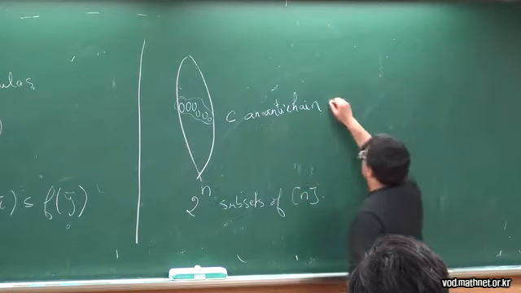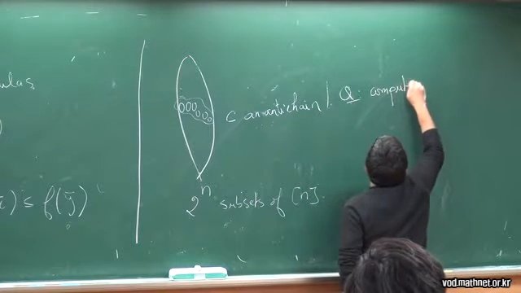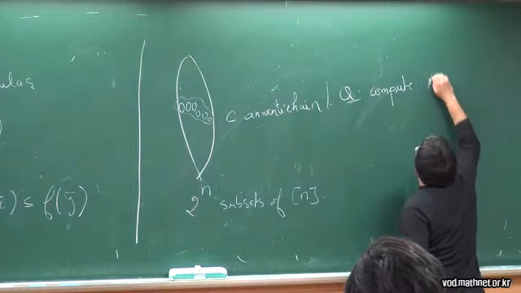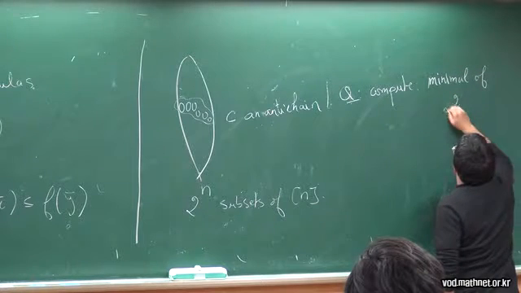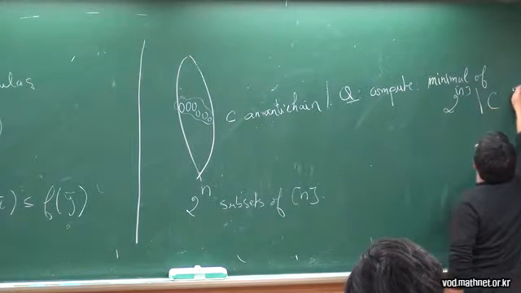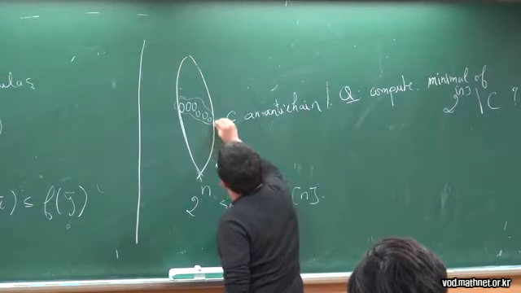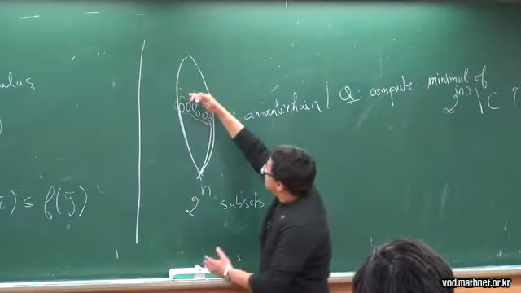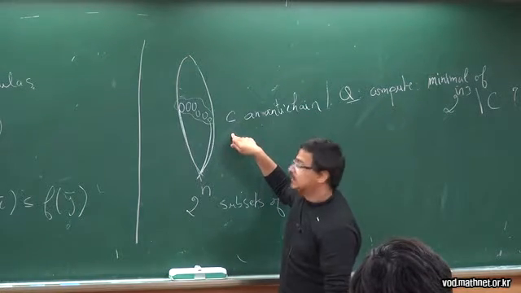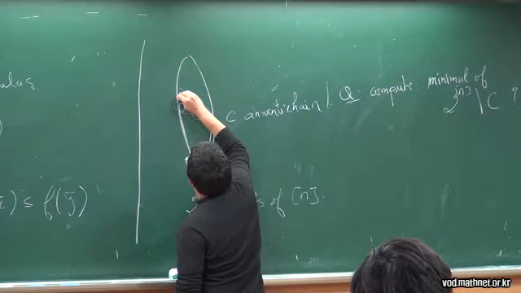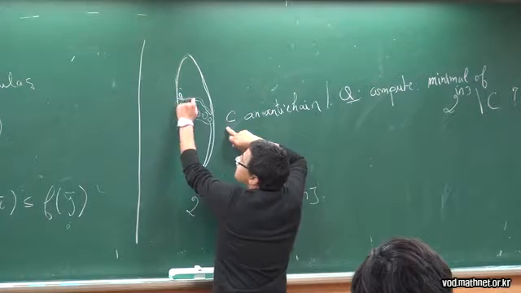So the question is: compute the minimal sets of 2^[n] minus the filter of C. So you take the filter of C, which contains all the sets that are above subsets in C. Now you take all the sets that are not in it, and you want to compute the minimal ones.